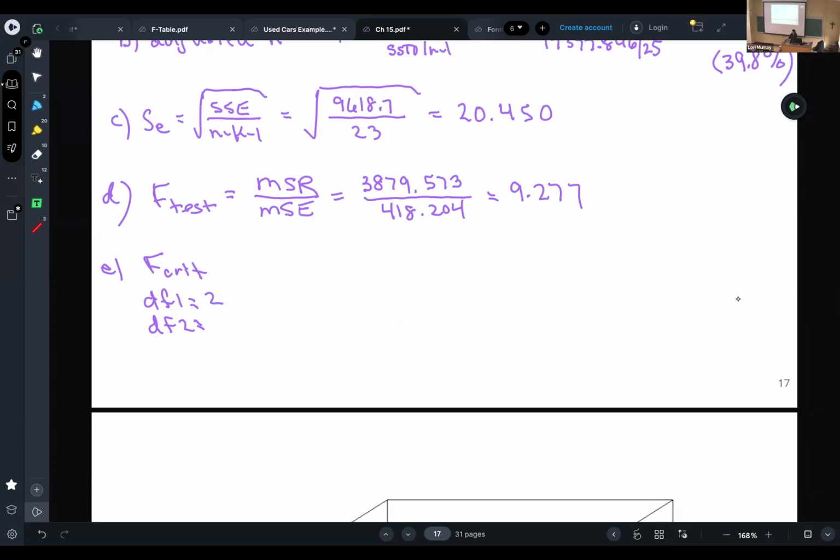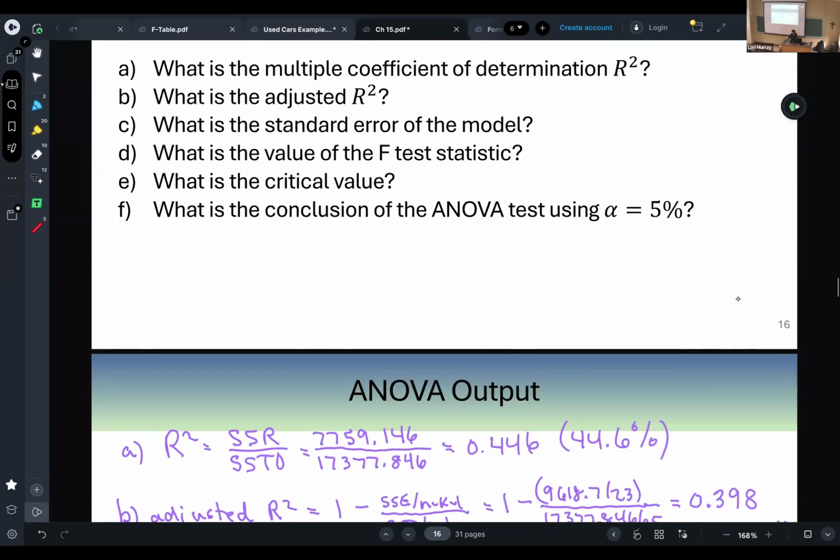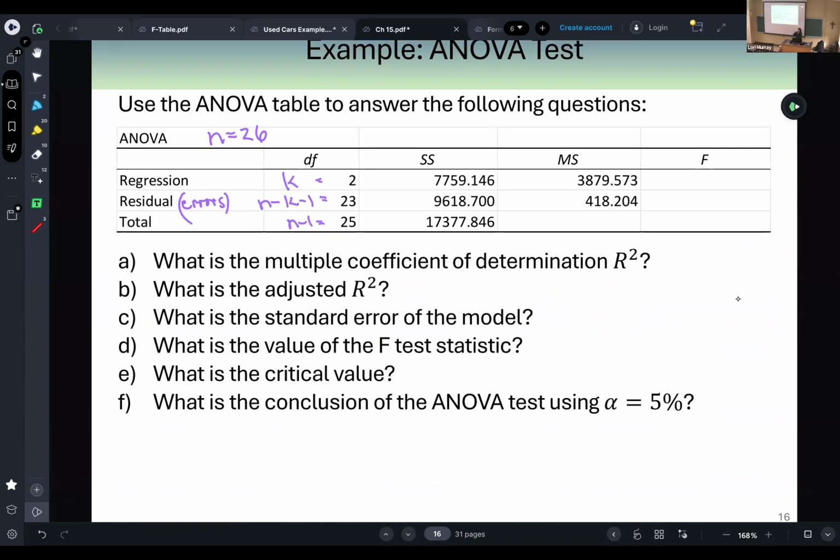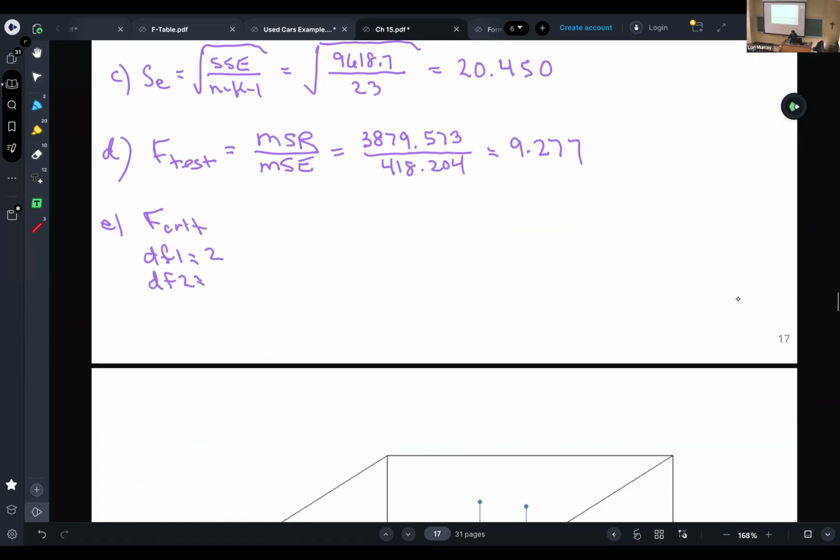And the degrees of freedom 2, the degrees of freedom for the denominator, will be n minus k minus 1, which is 23. So for the F test statistic, you always want to use 2, 23: the degrees of freedom for the regression and the degrees of freedom for the error, in that order too, 2 and 23.